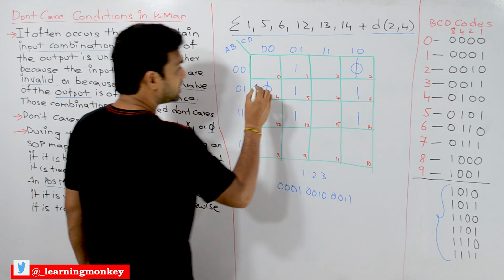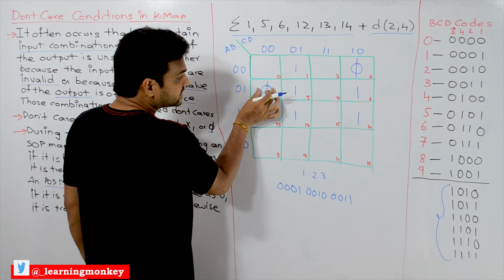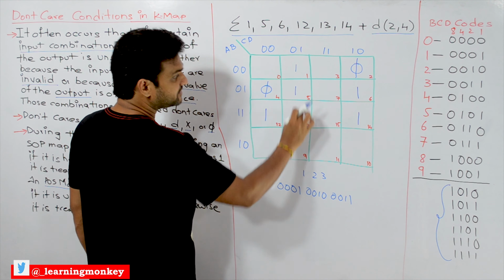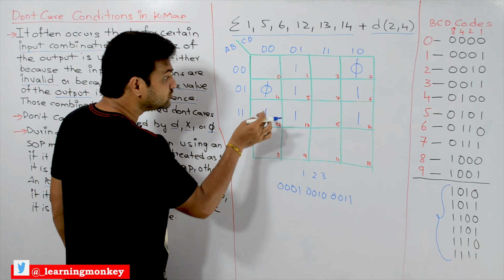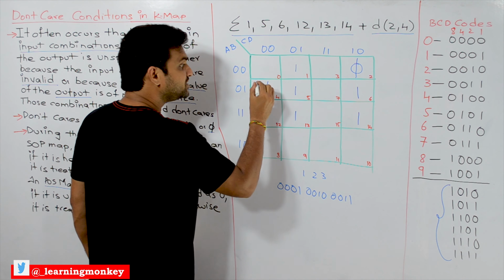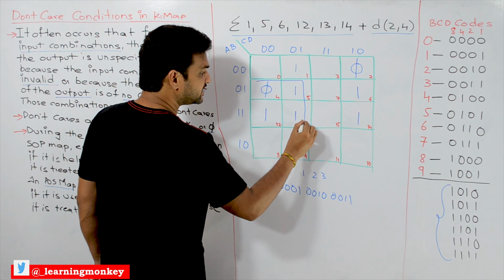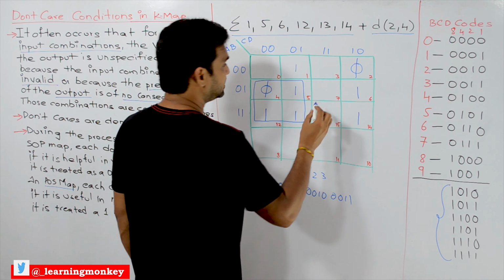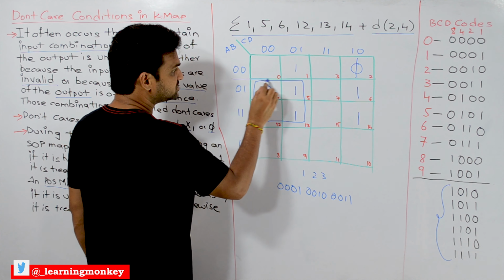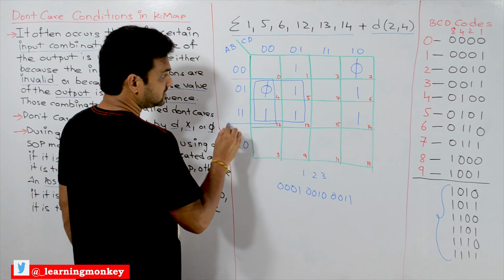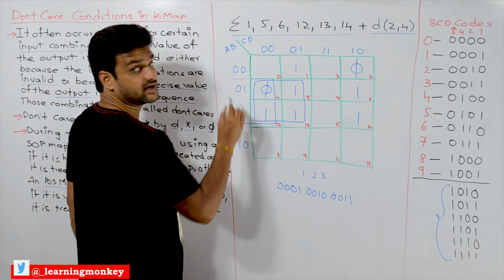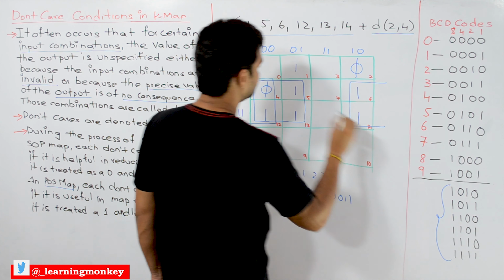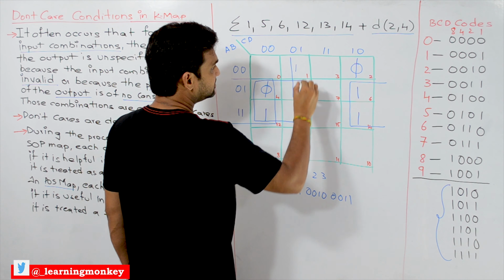Without this don't care, it is not possible to generate a bigger square. But if you use this don't care, it can be used to construct a bigger subcube. This don't care is used as 1. The other combination is this one, and the other one is this one.